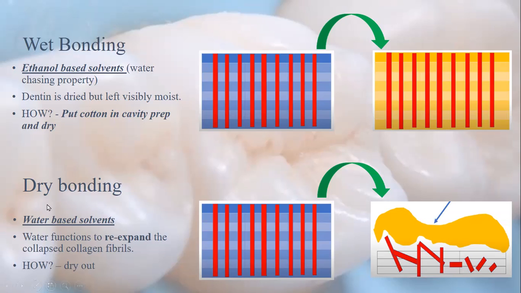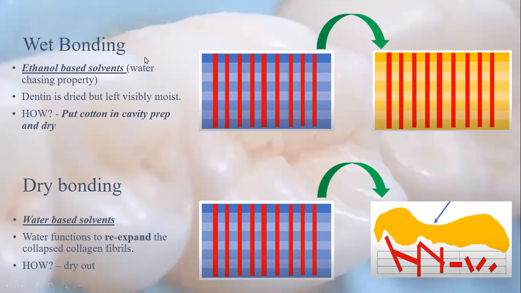Dry bonding is mainly applied with water-based solvents, where after etching, you completely dry, so that, as you can see in the picture here, the collagen interfibrillar spaces will collapse, and a dense mat is formed. The water in the solvents will then function to re-expand the collagen fibers, and then we can continue with the restoration.